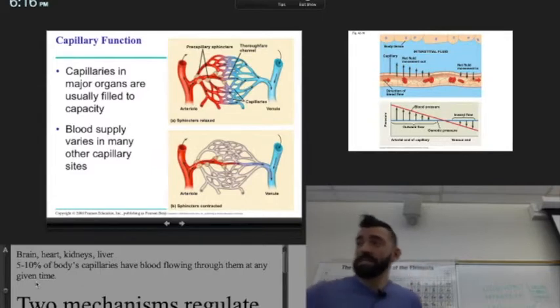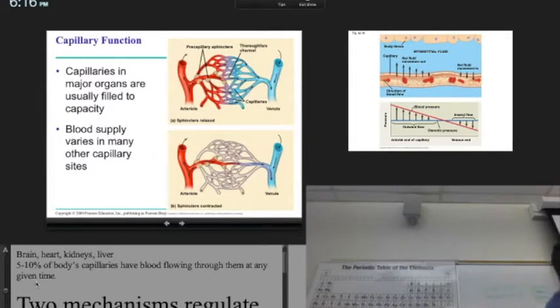Okay, at any given time, about 5 to 10% of your body's capillaries have blood flowing through them. But at almost all times, blood is flowing through the capillaries in your brain, your kidneys, your liver, and your heart.